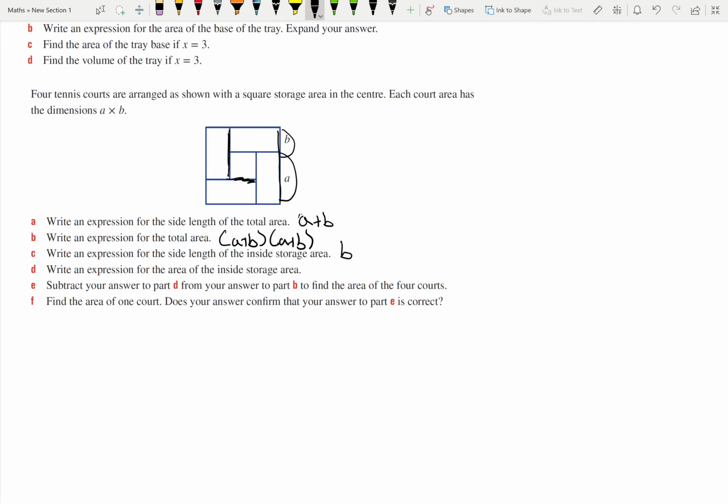Well, if the side length is b, then it's just b squared. I should remember to mention that a plus b times a plus b is just (a plus b) whole squared. Now, subtract your answer to part D from your answer to part B to find the area of the 4 courts. Well, now they just want (a plus b) whole squared minus b squared.